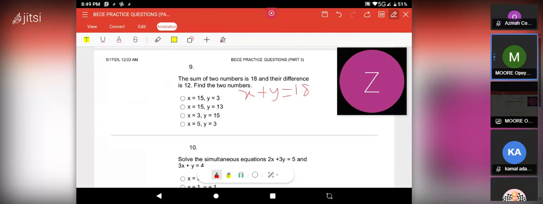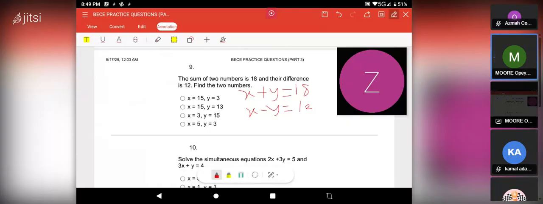And their difference, x minus y, equals 12. I have used it to form the equation. Do you get? The answer is 3 and 15.